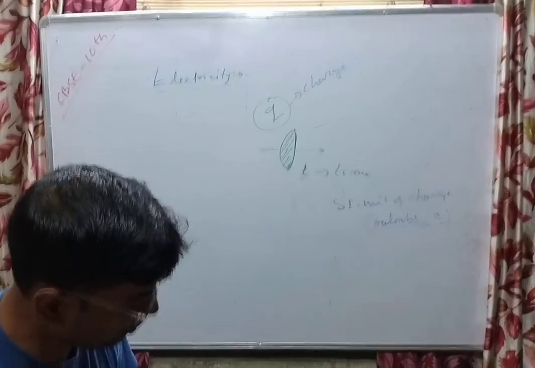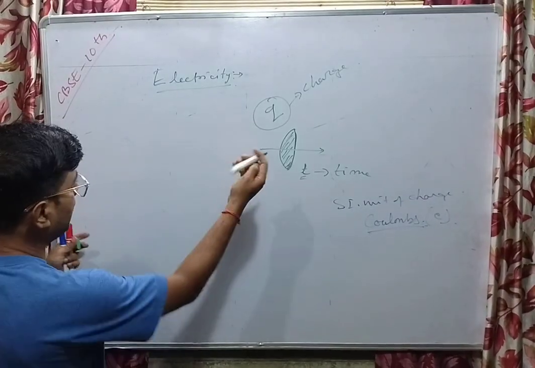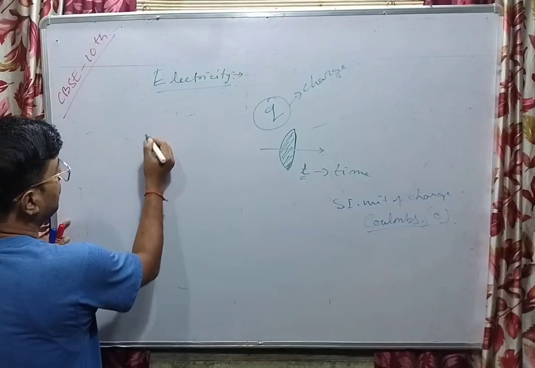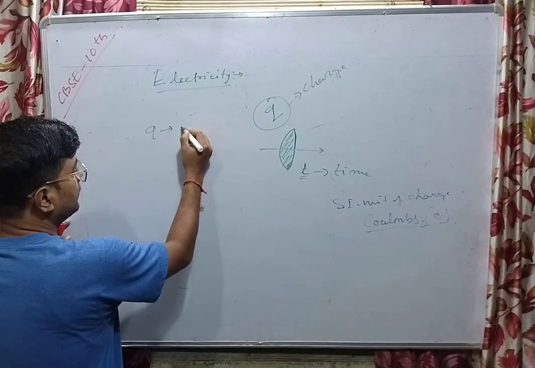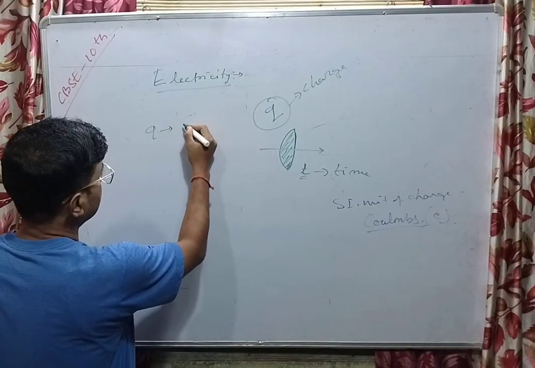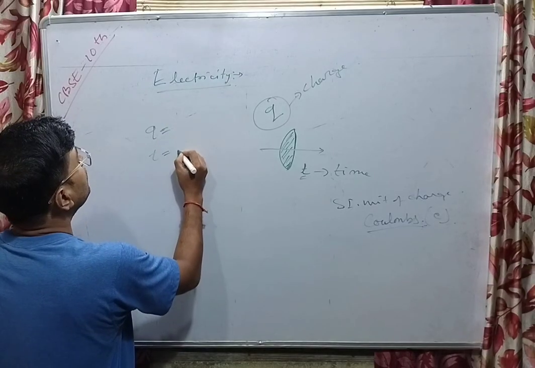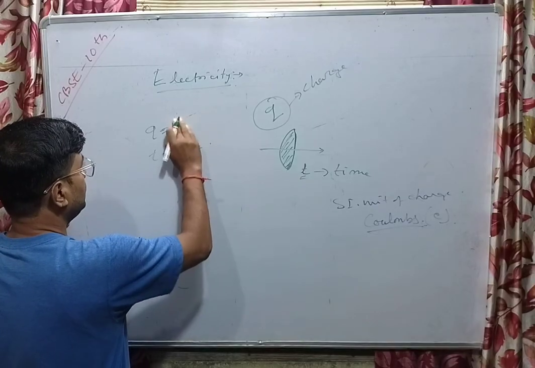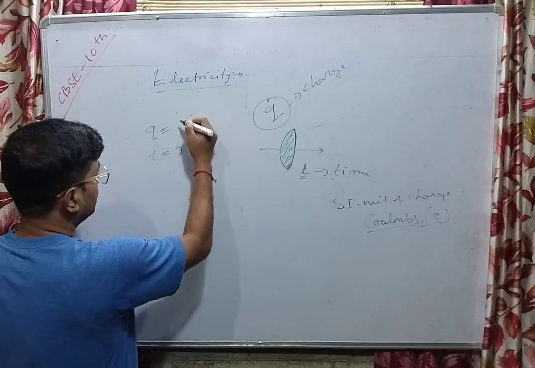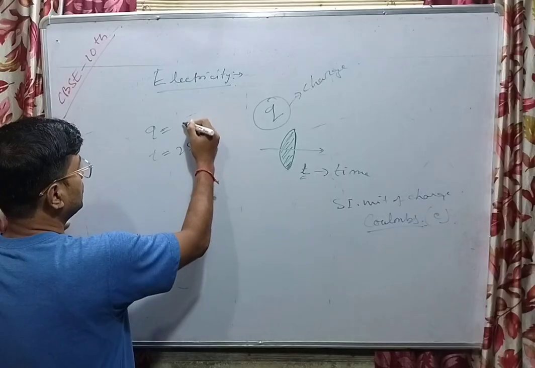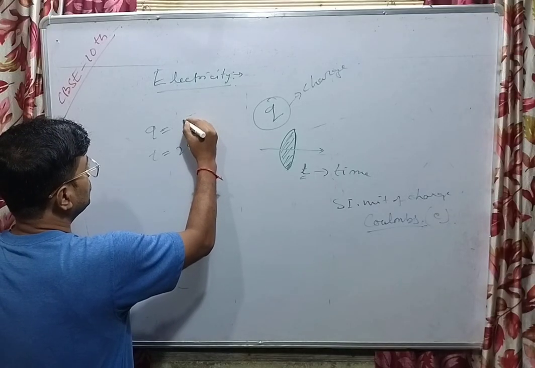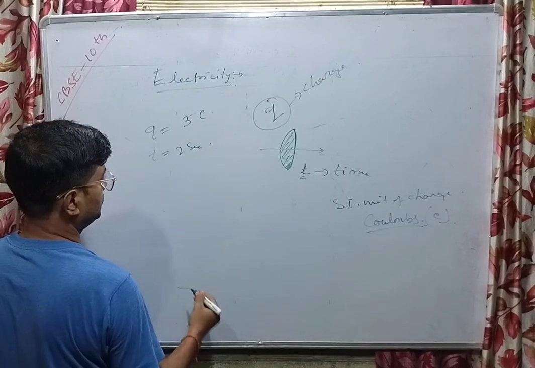Okay, suppose the amount of charge is passed in, say, 2 seconds. The amount of electric charge passed through this cross-sectional area of the conductor is 3 coulomb.